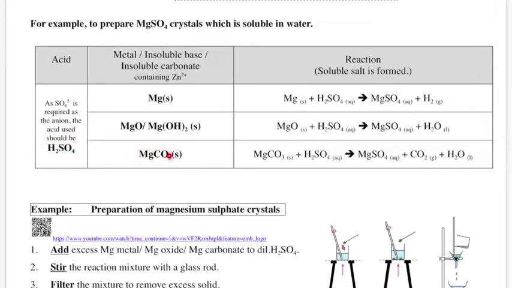If we use magnesium carbonate, then we will have one more side product, but the carbon dioxide produced is a gas, so it just goes away immediately when it forms. Again, we don't need to bother with it. Then we are left with water, which is a solvent, and we can easily remove it.